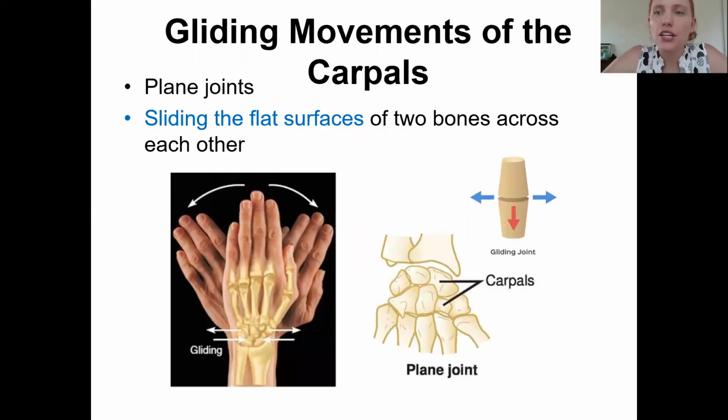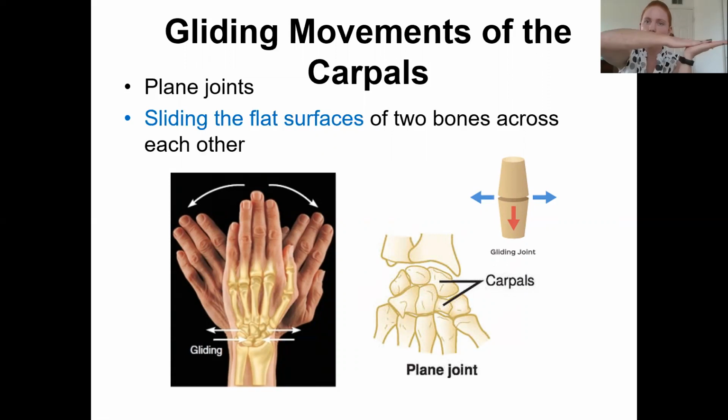Okay, so let's look at a couple of specific joints that allow this to happen. These are synovial joints, and these are called plane joints. In your wrist, you have a bunch of small, short bones. Those are collectively called carpals, and those carpals have the ability to glide past one another.